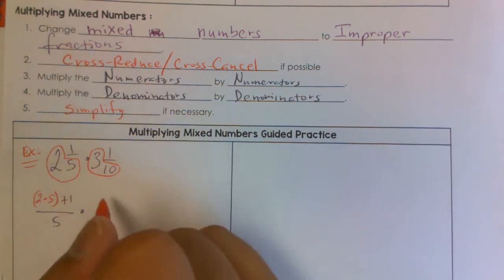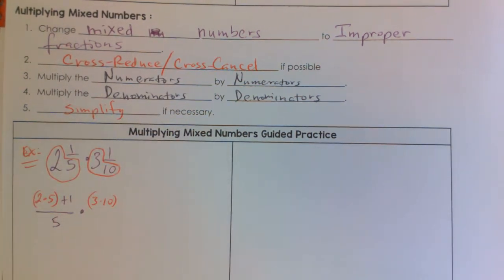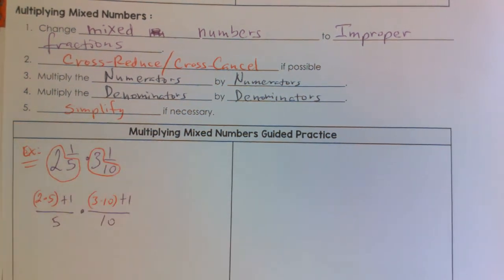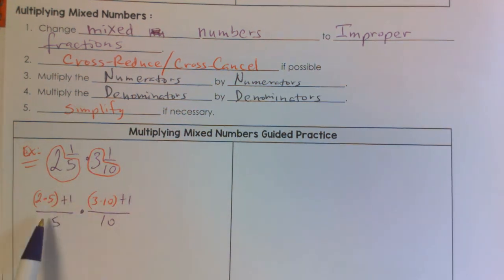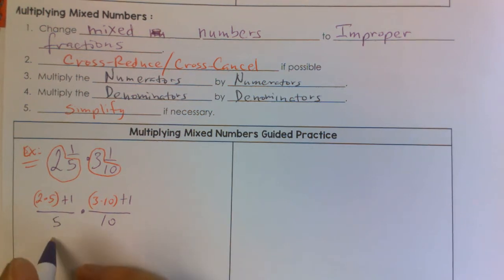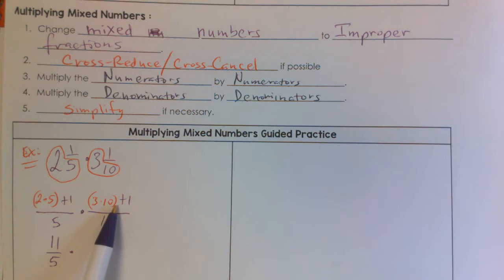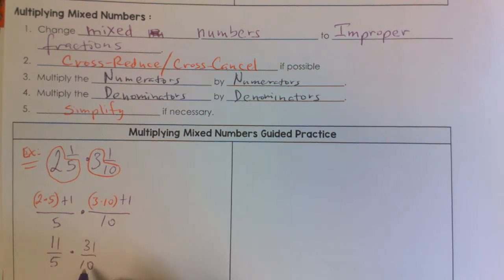So 3 times 10. And then, of course, we add that 1/10. And then, of course, it's a 10th. So now we're going to rename these mixed numbers: 2 times 5 is 10, plus 1 is 11, so it's 11/5. 3 times 10 is 30, plus 1 is 31/10.